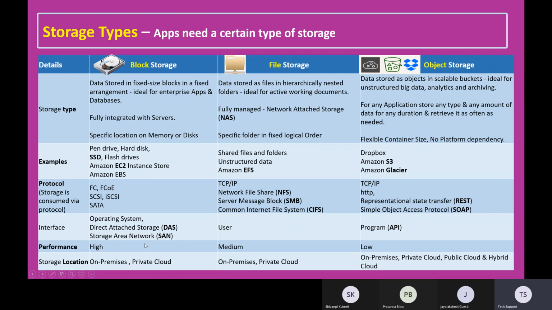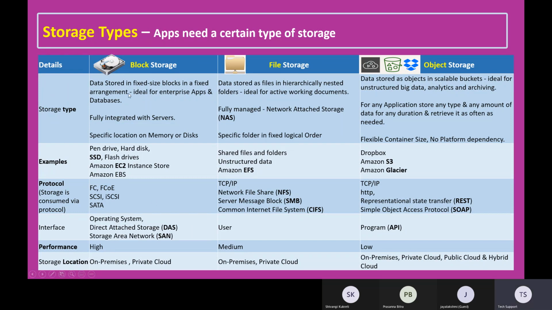SAN means Storage Area Network. For file storage, the main interface is end users only. Either one user or a group of users will try to access the file storage. And object storage, normally we access through APIs only. API means Application Program Interface.